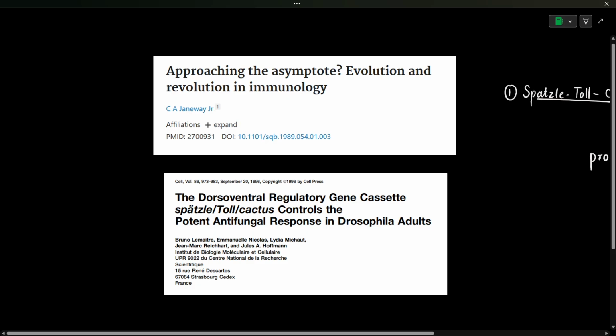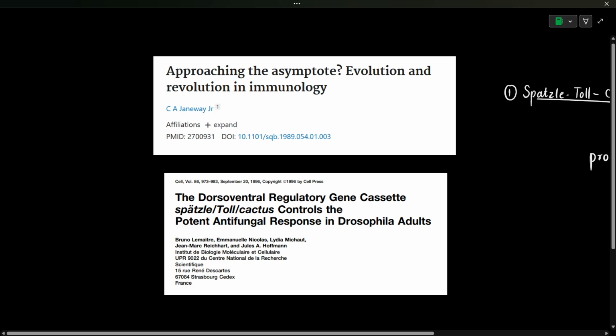So it not just takes care of the invaders, but it also takes care of the crimes and rebels that are there inside that empire, right? In the same way, the immune system not just takes care of the pathogenic attack, but it also takes care of whatever things are going wrong inside the host.